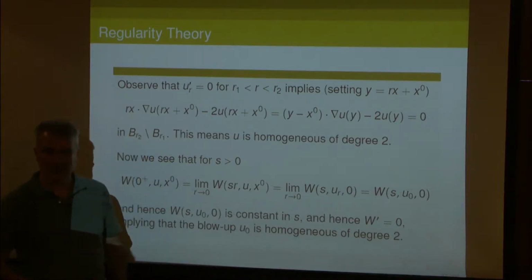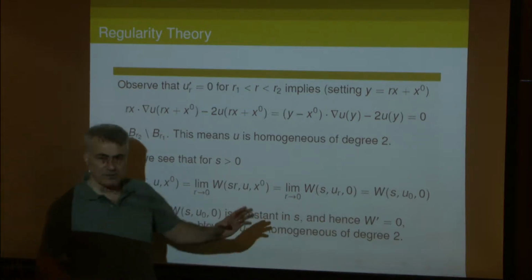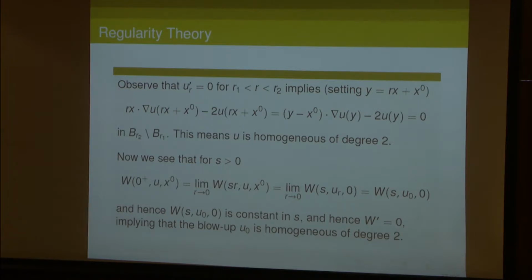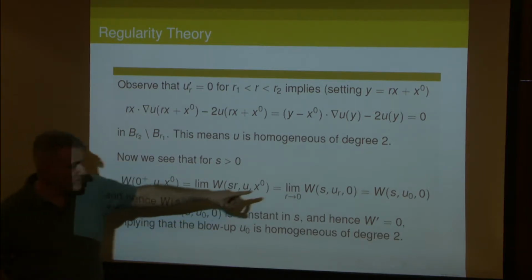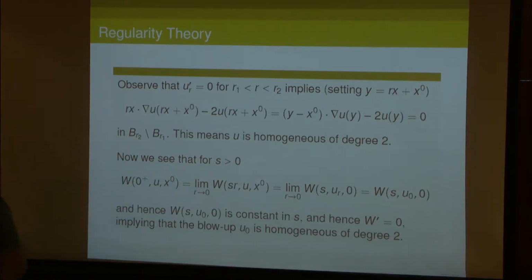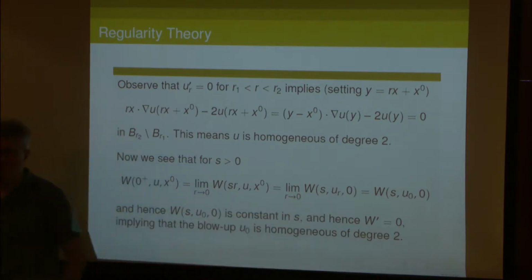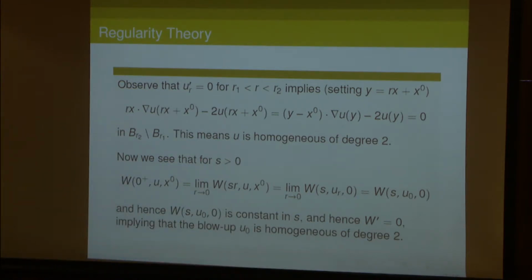And now as r goes to 0, u_r converges to u_0 along a subsequence like this. And we're going to get a constant equal to W_s(u_0) with center 0. What does it mean? It means that this monotonicity function for u_0, for any s, is constant.